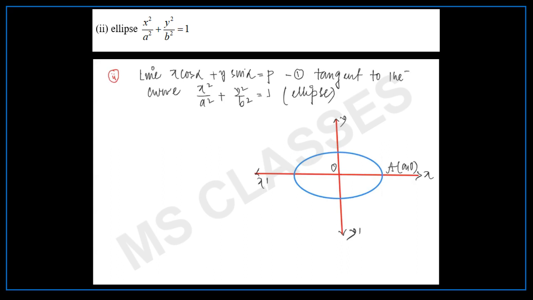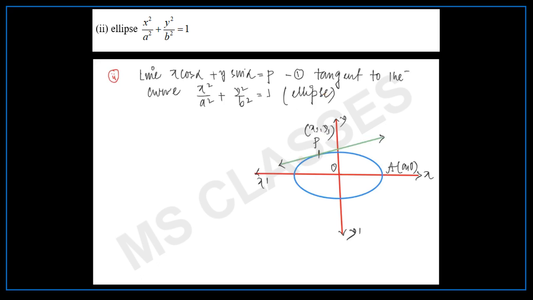Now the line is touching the ellipse, so this is definitely a tangent. This is a point P at the point x1, y1. So the line is a tangent to the ellipse. So we find a tangent at the point P x1, y1. That line and this line should be identical.